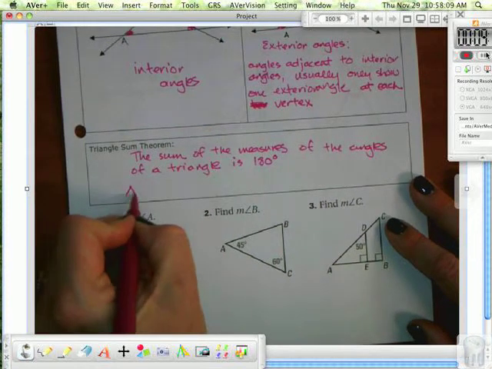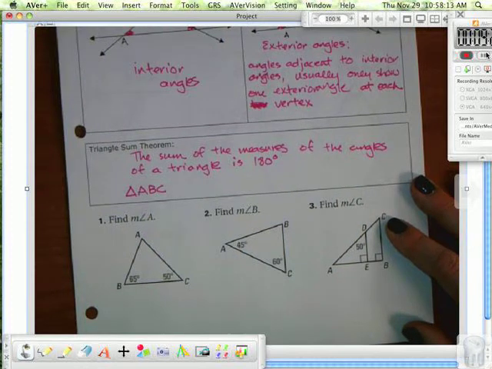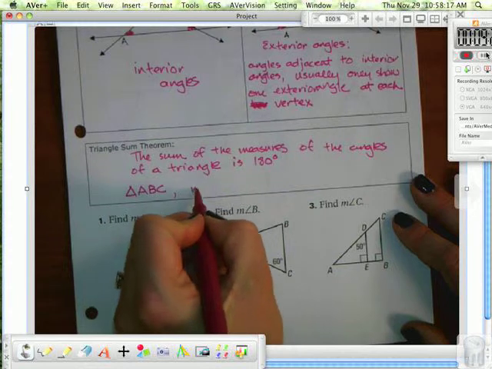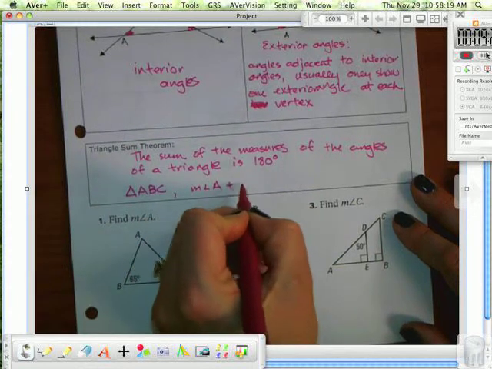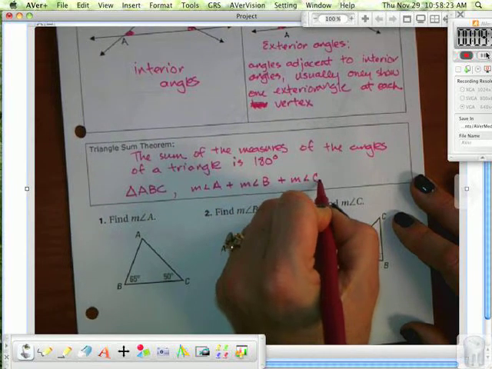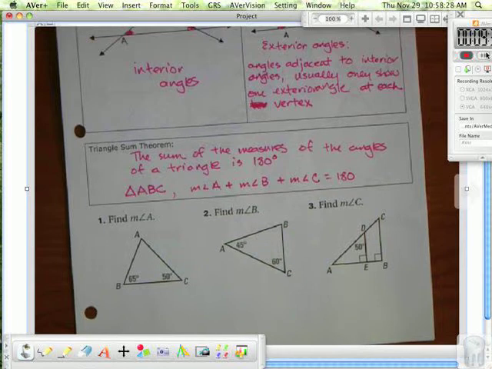So say I have triangle ABC. I can then say that the measure of angle A plus the measure of angle B plus the measure of angle C is equal to 180. That's the symbol form.